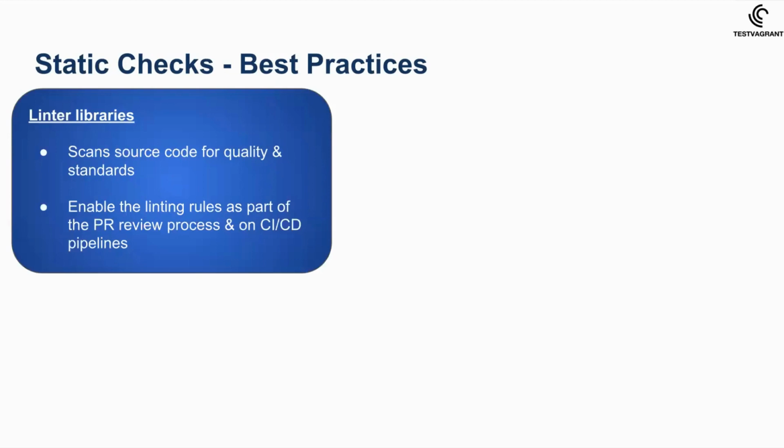Now let's look at one of the major strategies under static check, which is linting. Linter libraries are those libraries which will scan your source code for quality and standards. It means that you add a certain library which will help you figure out if there are any potential code smells in your code. For example, you have created a loop that is not ending, or might end up creating an infinite loop, or there's dead code somewhere in your class, or there are unused variables.